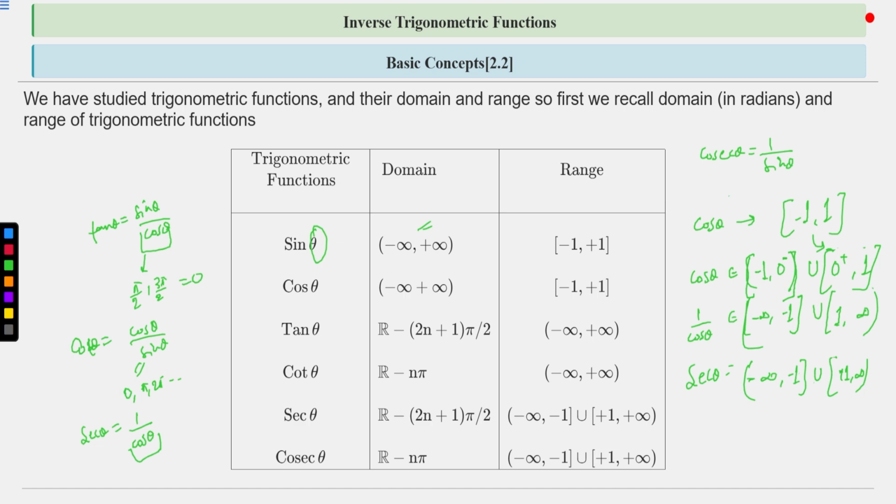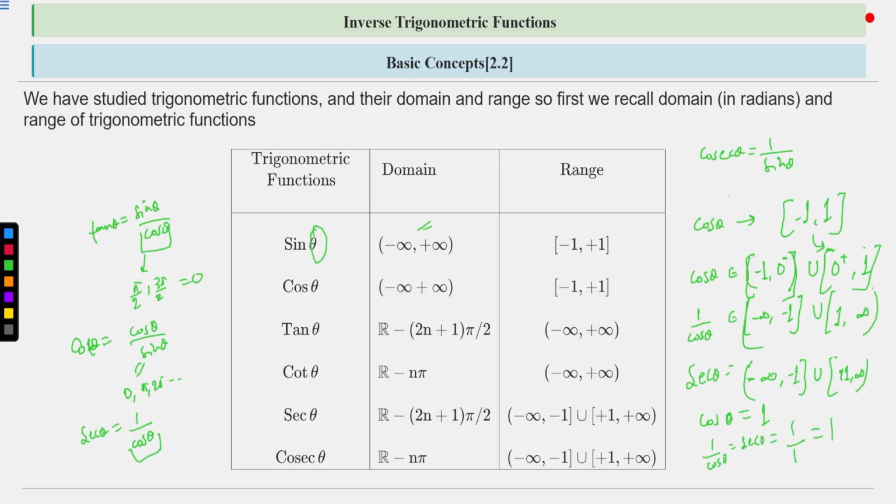Clear? So you can say that the range of sec theta will be from -infinity to -1 union 1 to infinity. So you are asking why we are including -1 and 1. See, cos 0 degree is 1, right? 1 by cos 0 degree, which is sec 0 degree, is 1 by 1, which is 1.